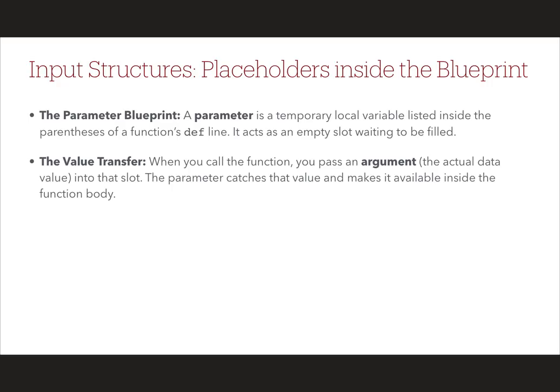Those placeholders must be defined inside the parenthesis. Those placeholders defined inside the parenthesis will be called parameters. So a parameter is a temporary local variable defined inside the parenthesis.